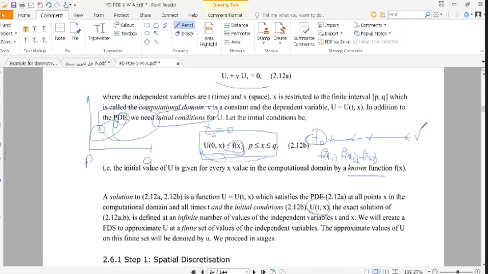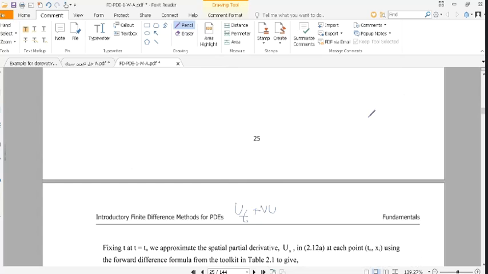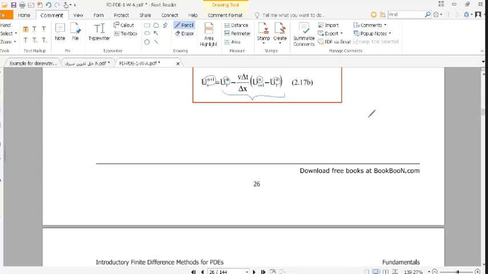The value of u is known, not unknown. It is known based on the initial condition. And for t1, t2 and the other times, we do not have the value of u. By using the time marching scheme, we can compute the value of u at the next time.